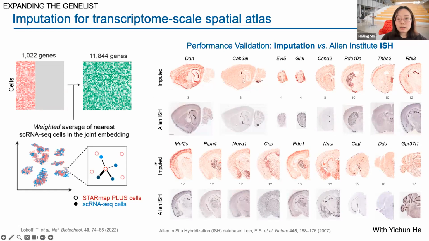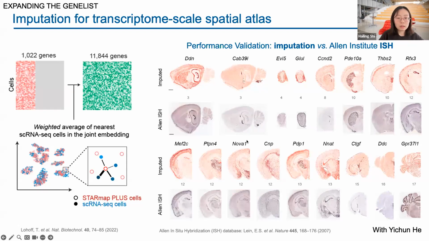So not only cell type markers were well imputed, such as GLUL, the marker for oligodendrocytes, or PDE10A, a marker for striatal medium spiny neurons. When a gene is expressed in multiple regions, our imputation results can also predict the correct regional pattern and also the relative expression level across those multiple positive regions.